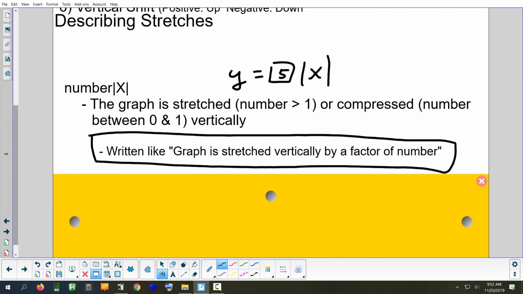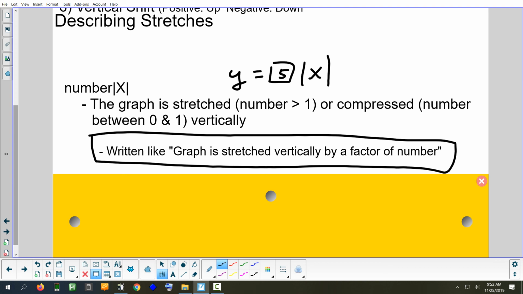But doesn't matter what number you put. This is how I always want you to write it. Anytime we see a vertical stretch, that's the phrase you're going to write. Graph is stretched vertically by a factor of, and then we put a number.